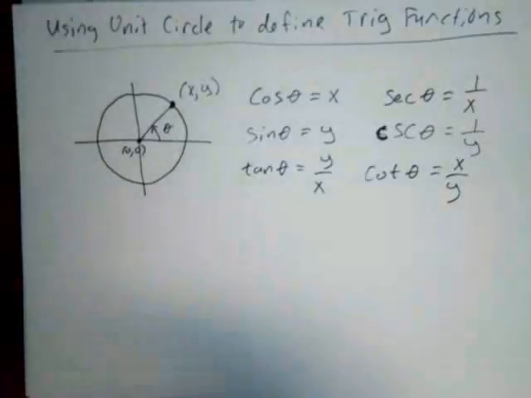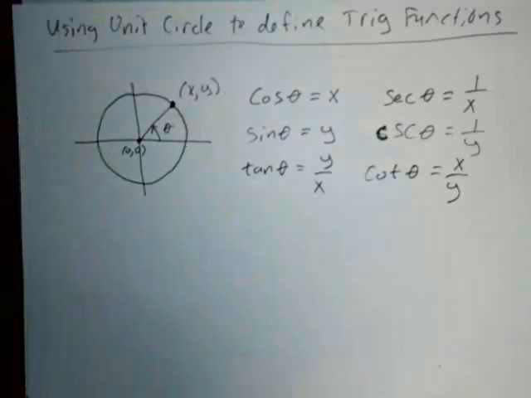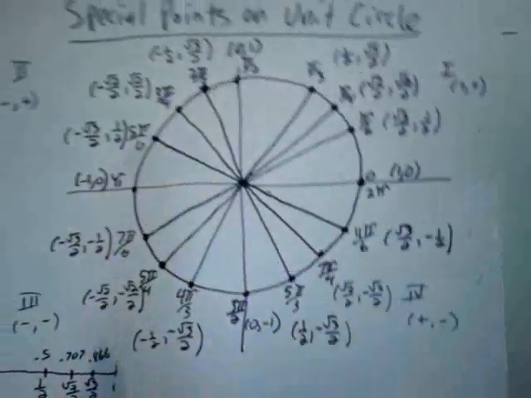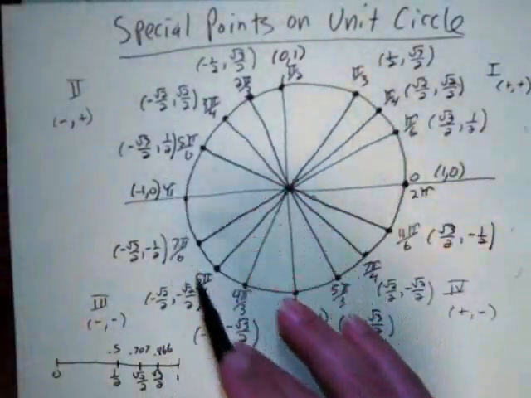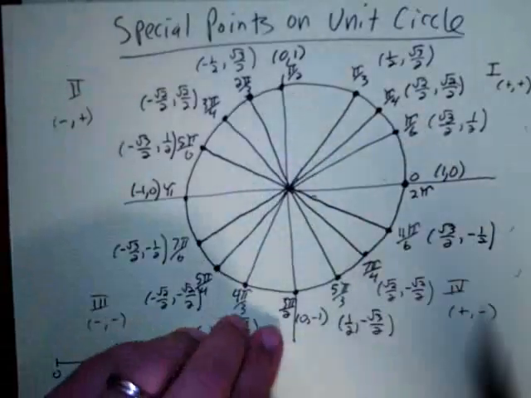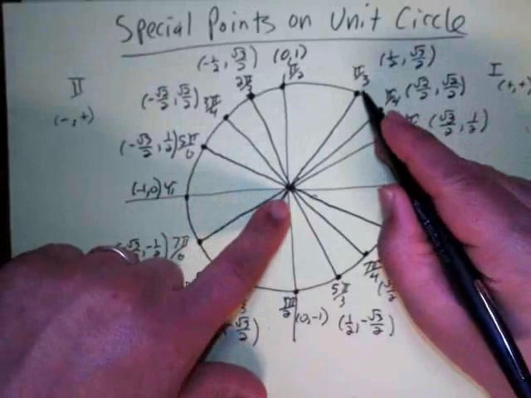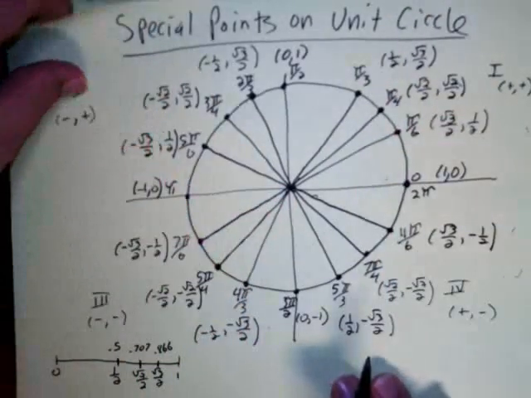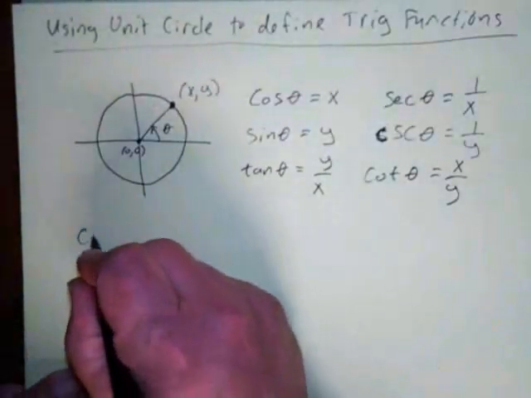To actually evaluate the trig functions, we can do it for quite a few points on the unit circle. So let me get our special points thing that we made. For all these angles, all these radians around the unit circle, I can actually evaluate these functions. For example, cosine of pi over 3 would just be the x-coordinate, which is just 1/2. Let me write that down.